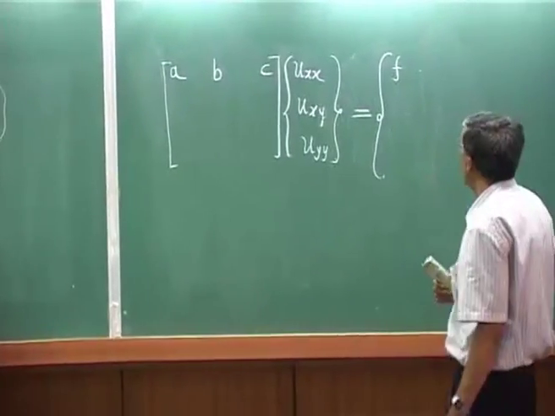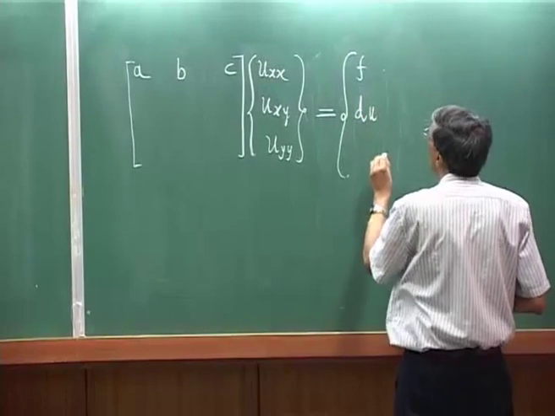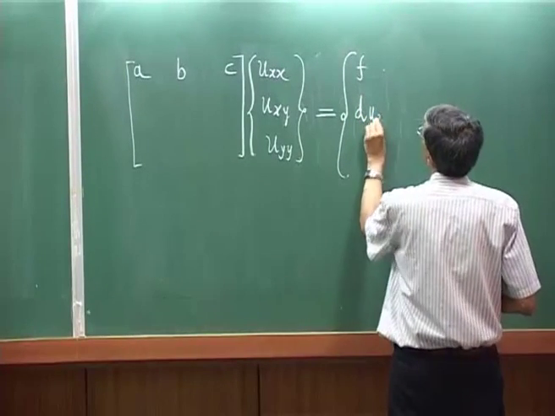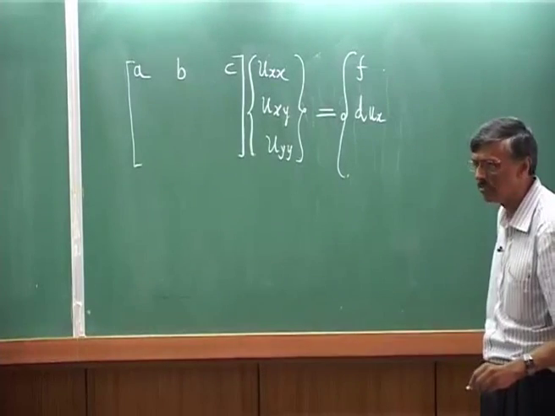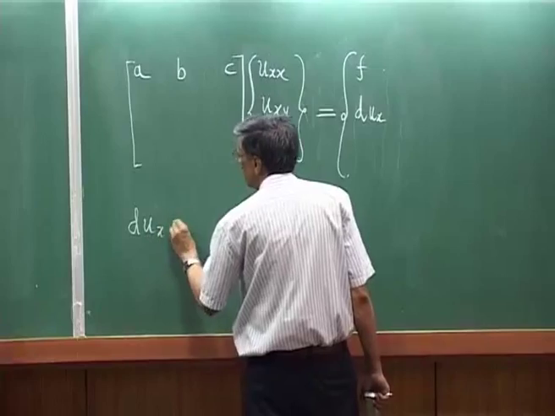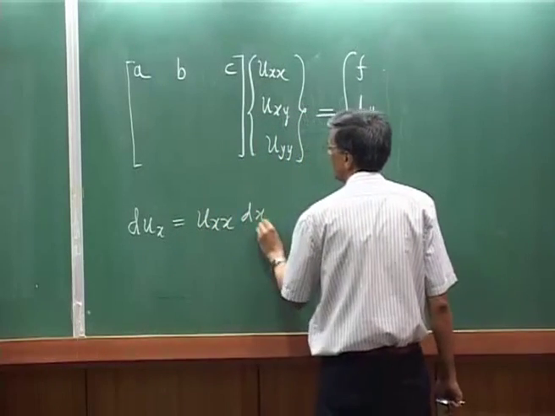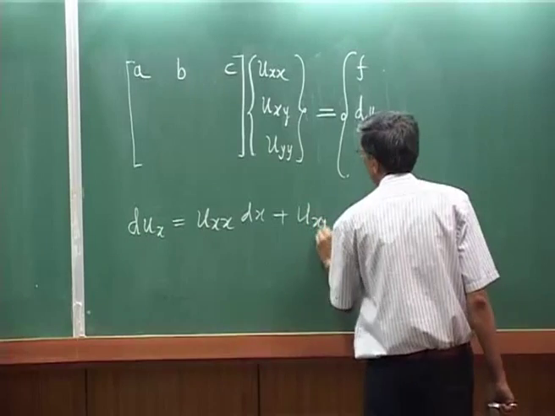Okay. Now, what we are saying about the solution means we also know this du_x. So, what is du_x? du_x would be u_xx dx plus u_xy dy.